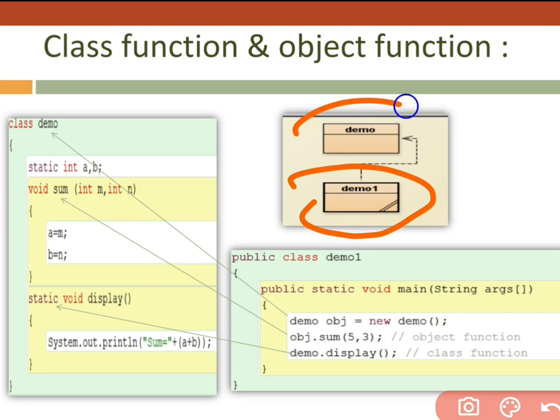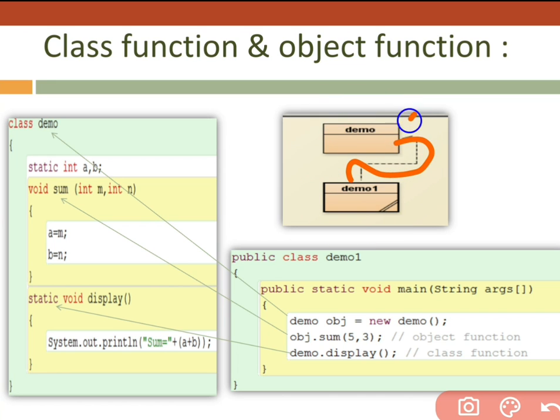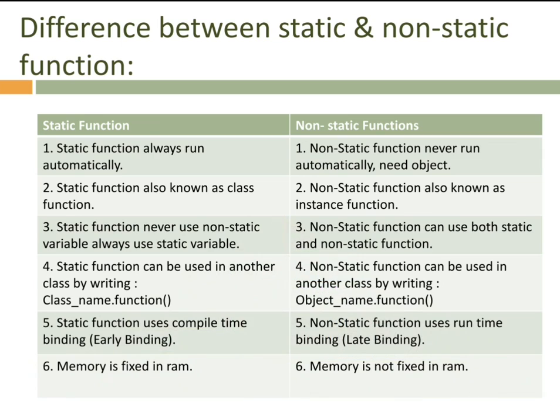That's why we have one arrow pointed towards demo. I'm just trying to explain all these small things so that you can understand the role of static and non-static things. I created a few different examples so that you can understand all this in a better way.